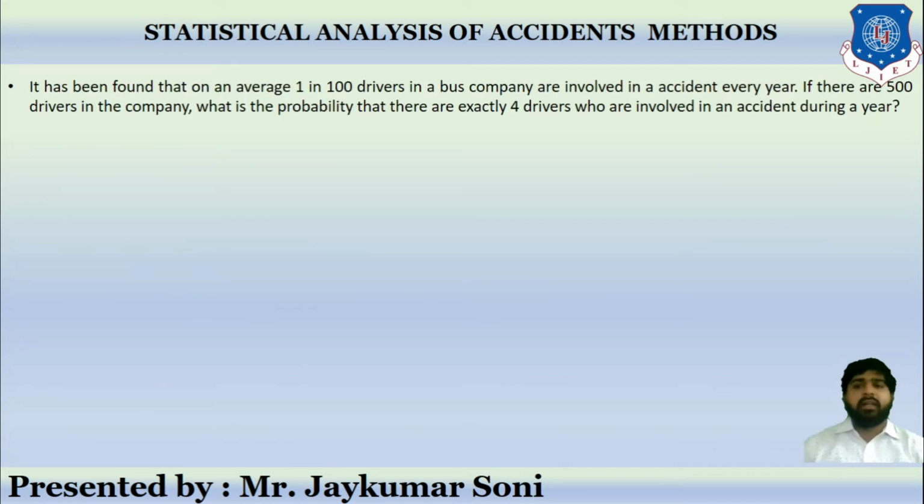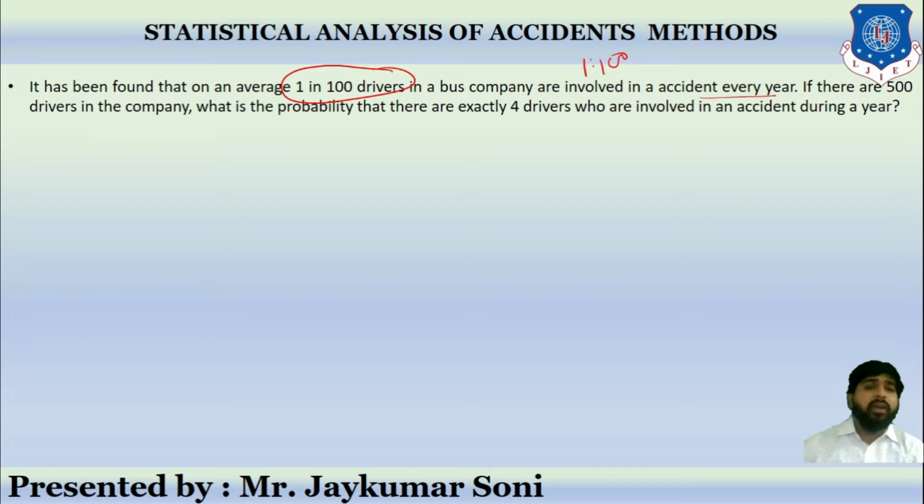Let us have another example which will enhance your concept regarding this topic. It has been found that on average 1 in 100 drivers in a bus company are involved in an accident in a year.